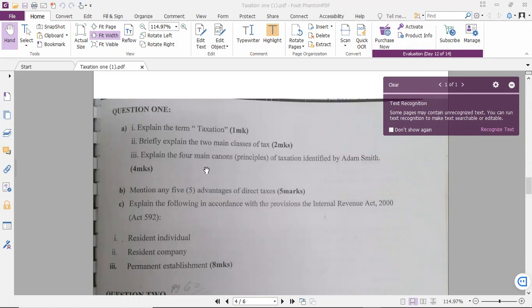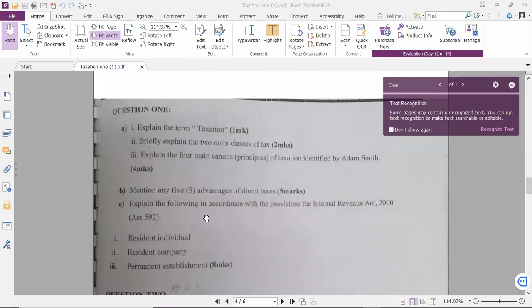Now, you are also asked here to explain 4 canons or the principles of taxation. And you know them already: equity, certainty, efficiency, and so on. You also have to mention 5 advantages of direct taxes.